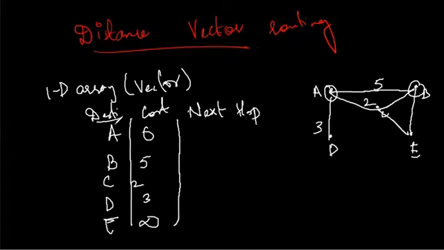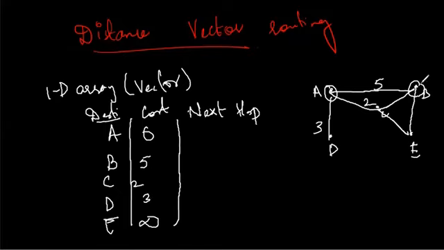Suppose the destination is not its immediate neighbor, then to which node should it travel next? Suppose E has been given infinity. Is there any other route from A to E where we can use some intermediate node?